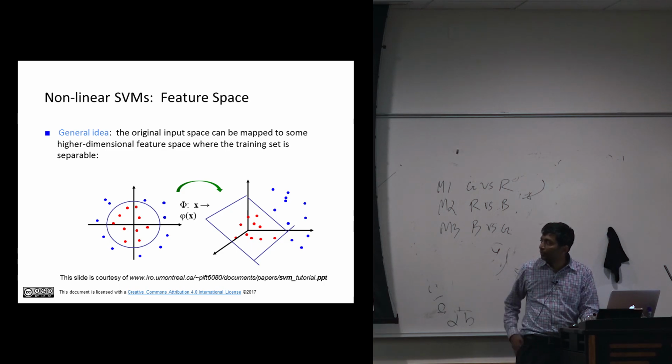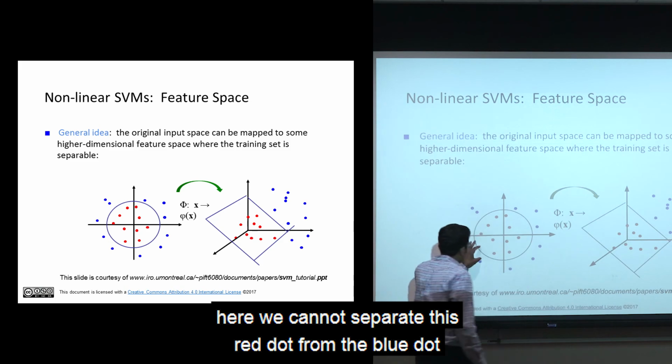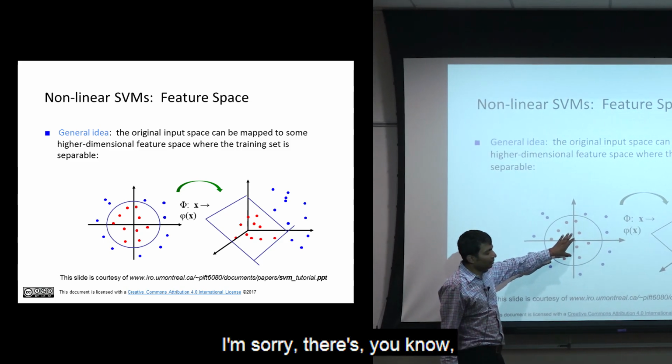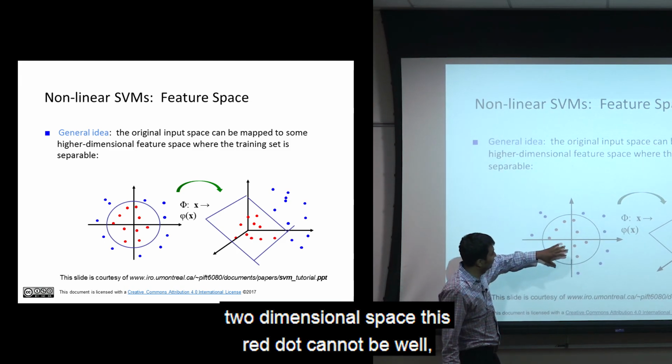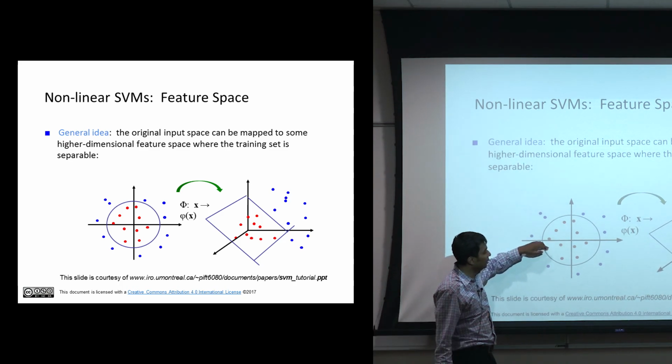So here is the idea. In a 2-dimensional space, these red dots cannot be separated by a line or hyperplane from the blue dots. So what do we need?